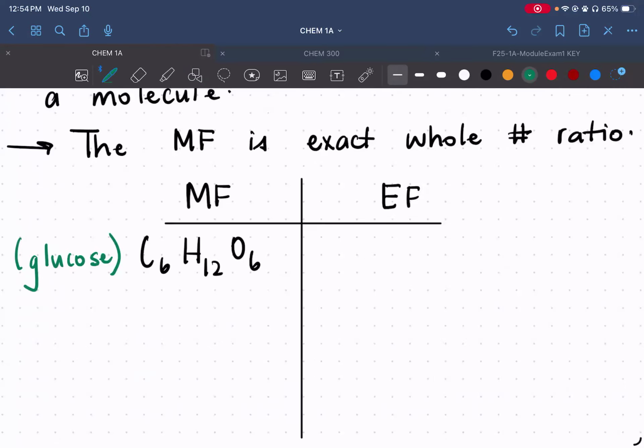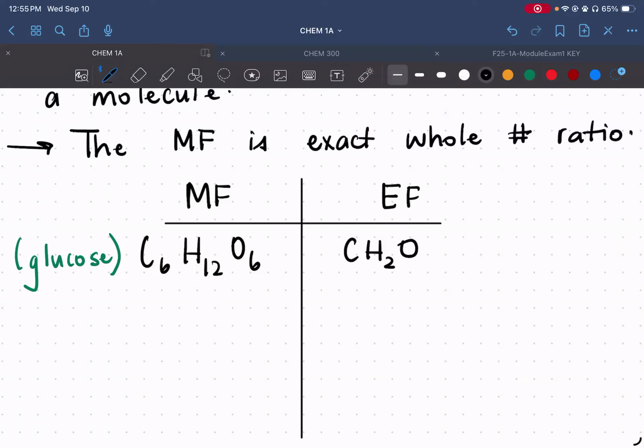We see here that this molecule consists of carbons, hydrogens, and oxygens. We see that for every 6 carbons, there are 12 hydrogens, there are 6 oxygens. It should be perfectly clear that this is not the lowest whole number ratio. In fact, we can simplify this even further to CH2O.